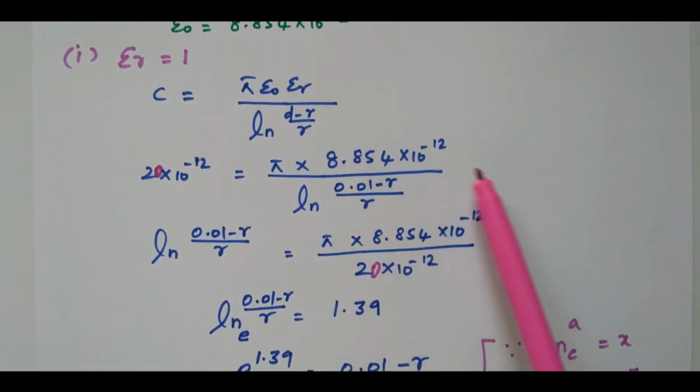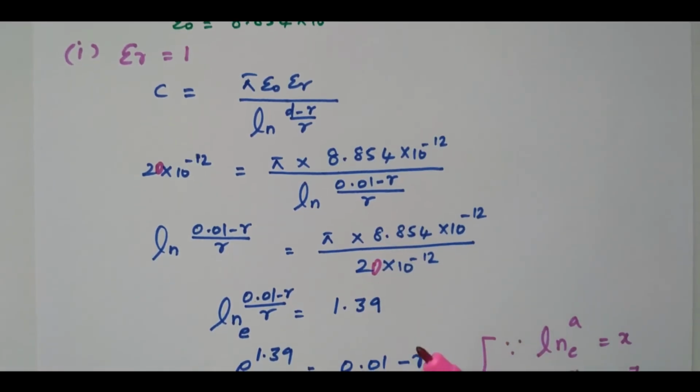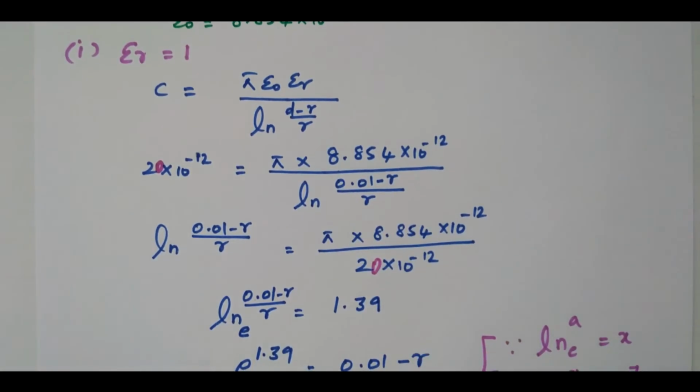The epsilon r is 1 divided by log d minus r, 0.01 minus r by r, right? So now this r value we need to find.